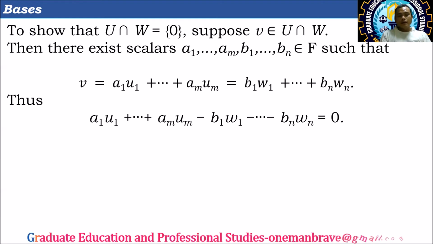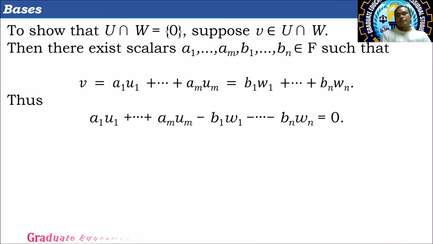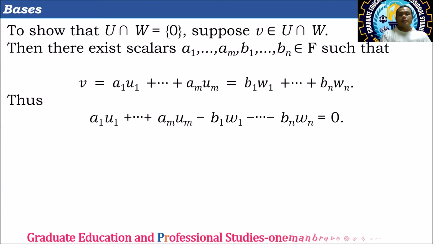Thus, the linear combination of a u minus the linear combination of b w will then be equal to 0 if they are linearly independent and if the intersection is 0.